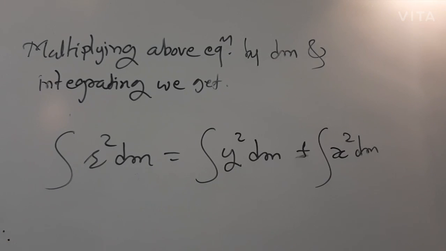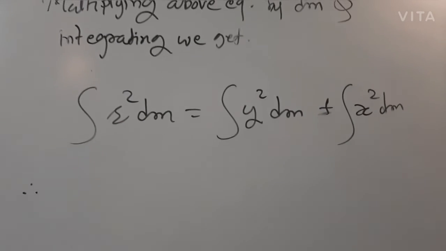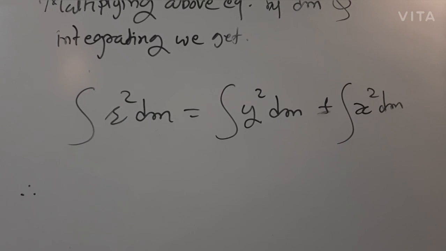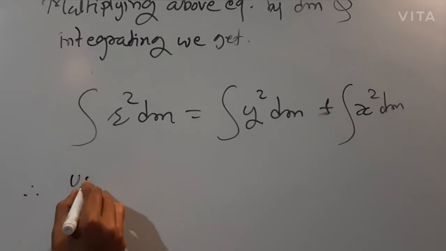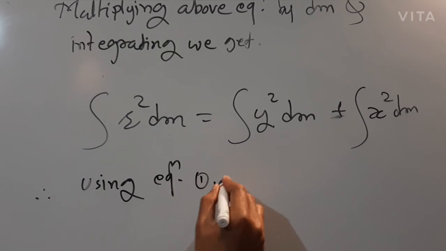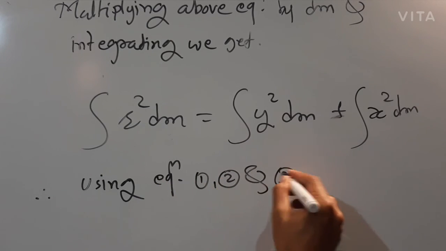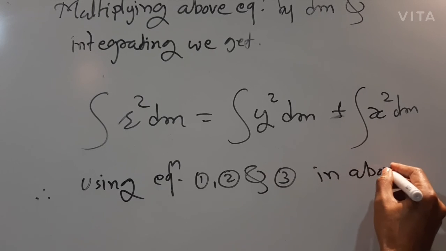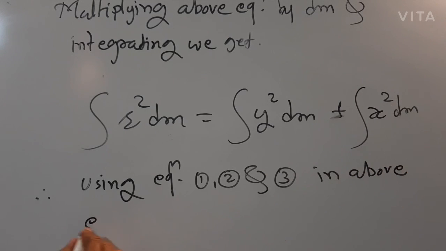Therefore, using equations 1, 2 and 3 in the above equation we get Iz is equal to Ix plus Iy.